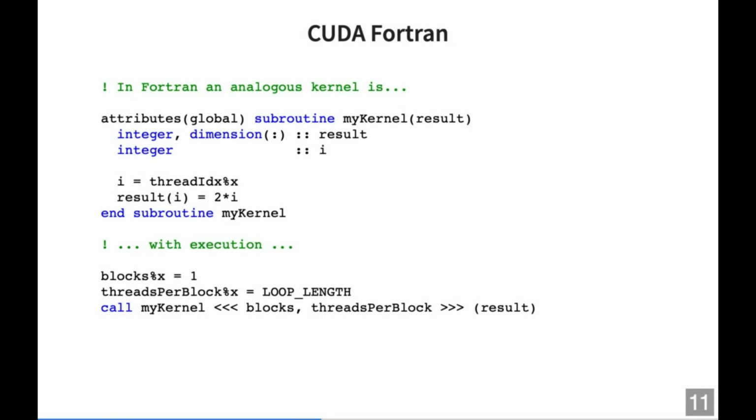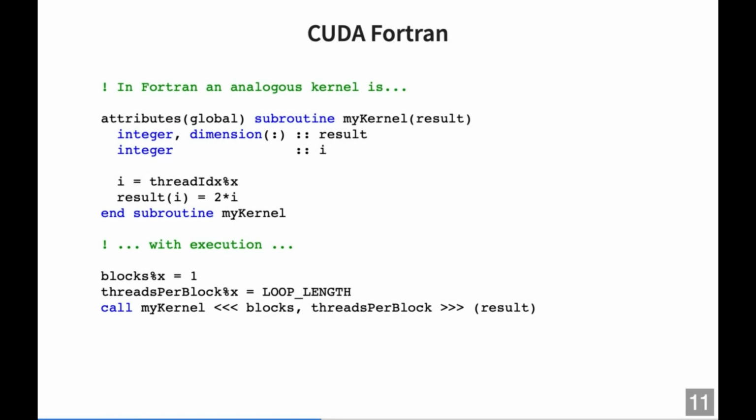You then have made available to you a special variable threadIdx, which again is one of these dim3 things, which you use in the usual way via the component selector in Fortran.